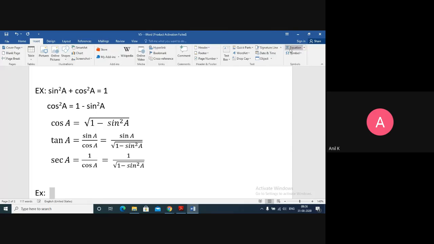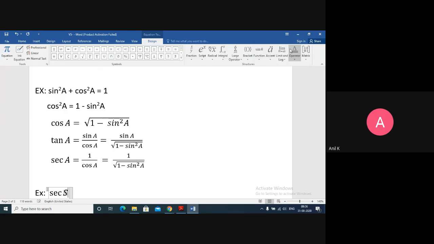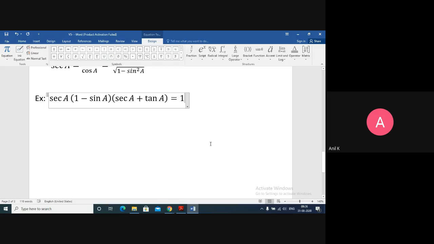Here I have sec A into 1 minus sin A into sec A plus tan A equals 1. This is what I have to prove. If I simplify the LHS, this entire term, I will get the answer as 1.